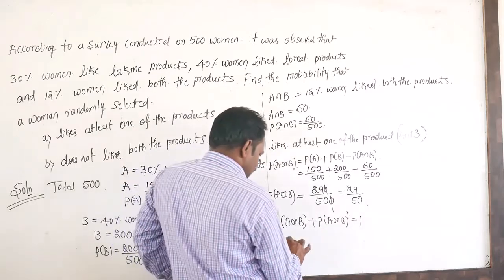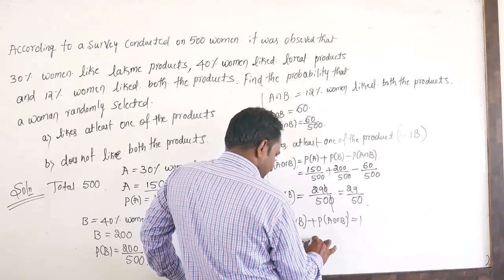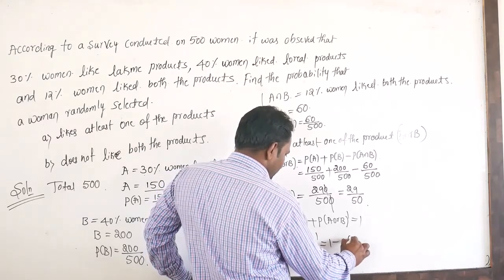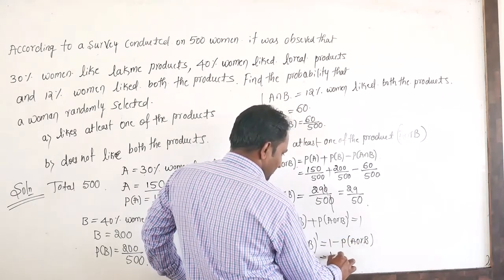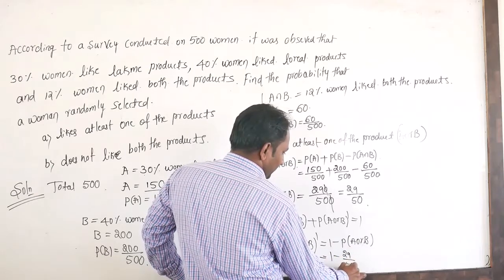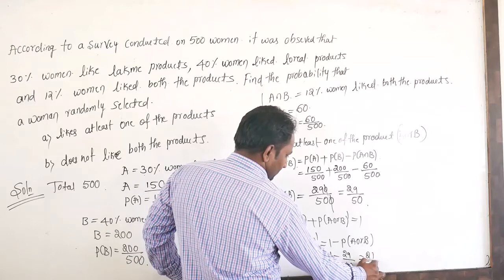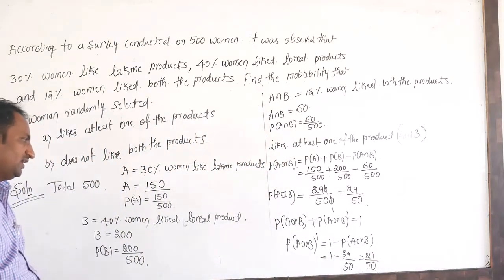Shifting the term, the probability of A or B dash is equal to 1 minus the probability of A or B, which is 1 minus 29 divided by 50. 21 divided by 50 is our final answer.